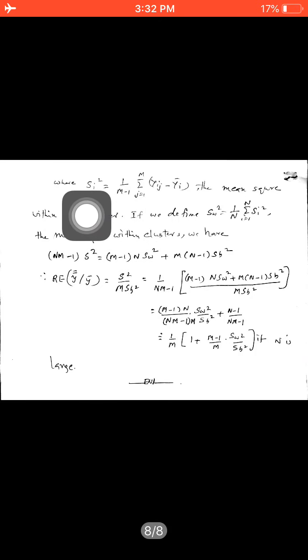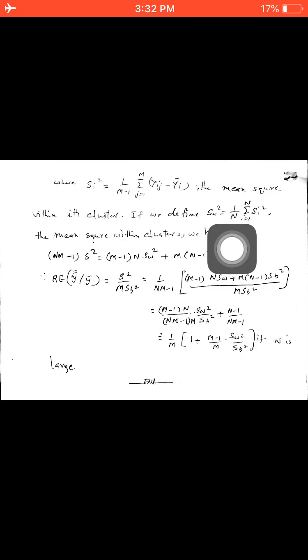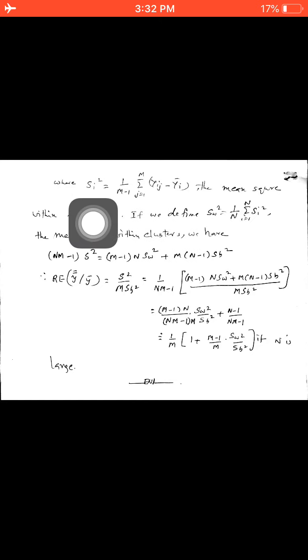And here you define capital S_i square equal to 1 by M minus 1 into the sum over j equal to 1 to M of (y_ij minus y_i bar) square. What is this? This is the mean square of elements in the ith cluster. If you take the average of this, you can denote it by S_W square. S_W square stands for the mean square within all clusters.